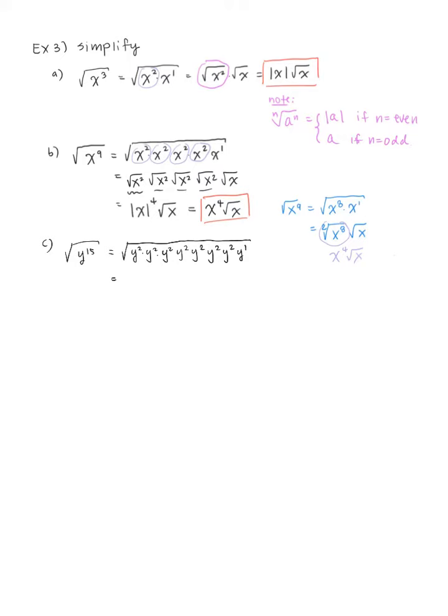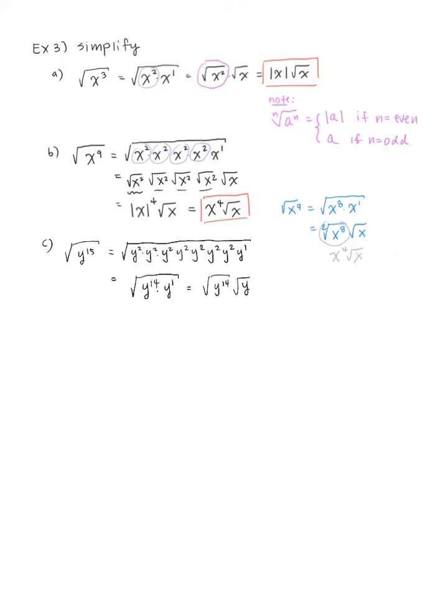So here, what is the biggest number before 15 that is divisible by 2? That will be 14. So here I'm going to break y to the 15 into y to the 14 times y to the 1st. Now this is the same thing as square root of y to the 14 times square root of y.